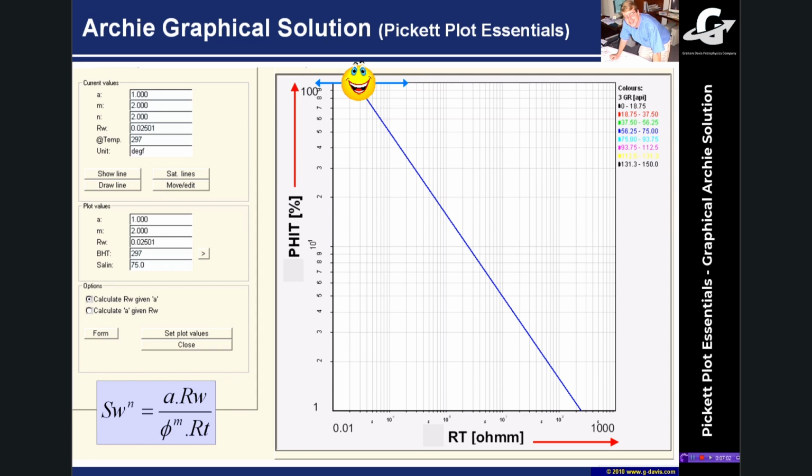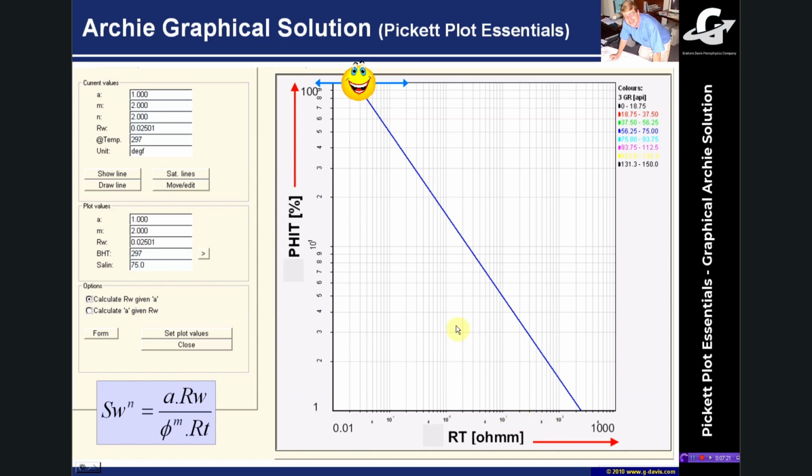That's just 100% fluid. So what are we measuring up here on the resistivity? So this resistivity at 100% porosity is the resistivity of the fluid. And this resistivity axis, as you can see, increases from left to right.